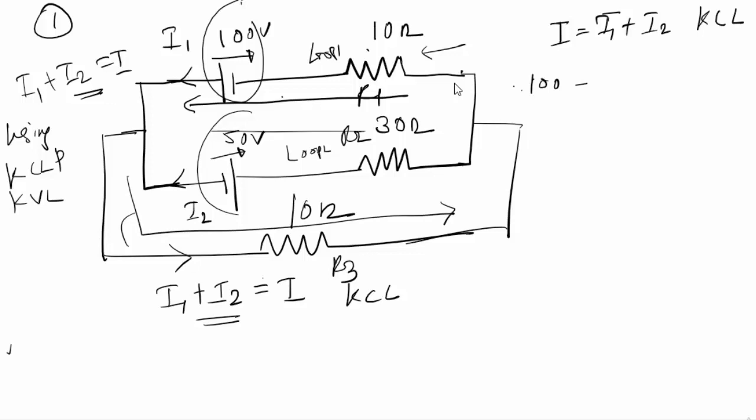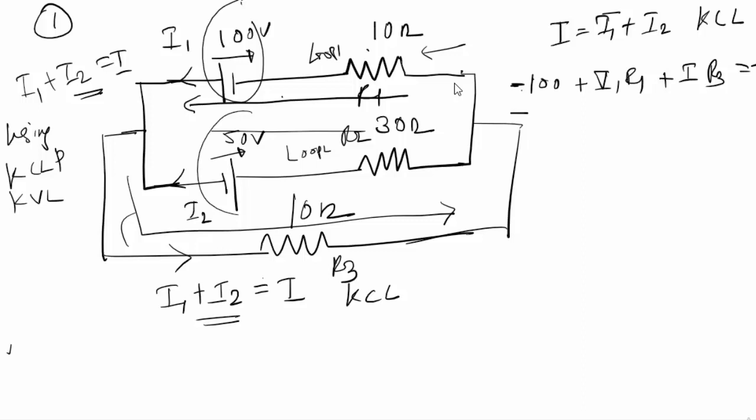So again this is a rise in the potential in that case. So you will put 100, and you will put I1 R1, and if you are going in this way, plus I R3 equal to 0. This is the second equation.